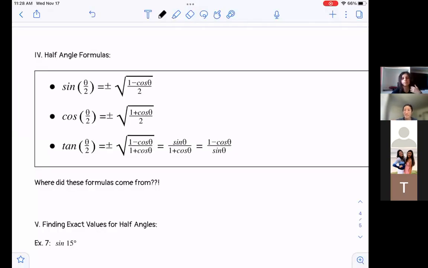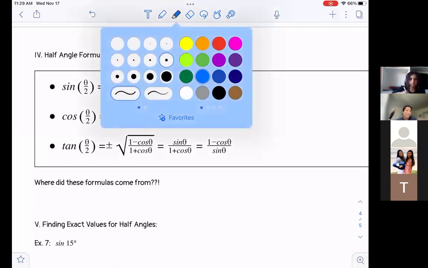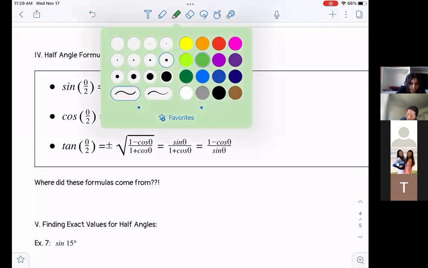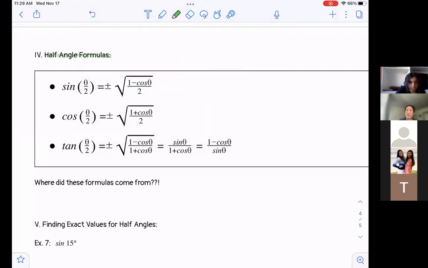All right, so we have our half angle formulas. I ask you the same question I asked you earlier, which is, what about this formula might tell you that you're looking for half angles? It's like divided over 2, the angle.